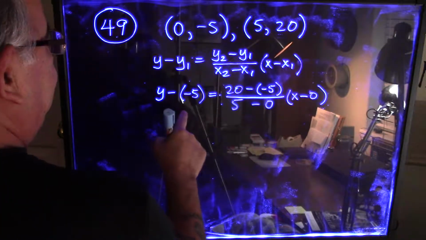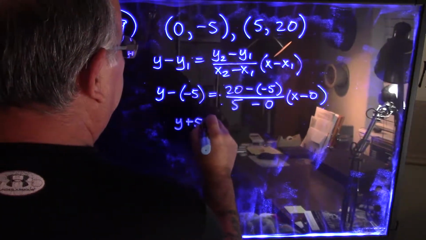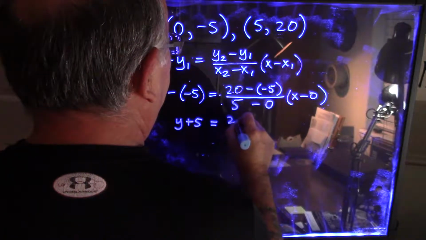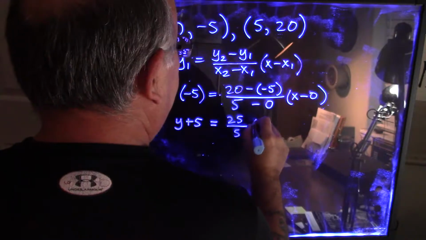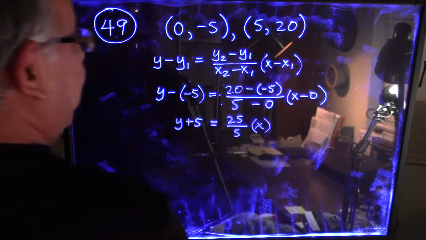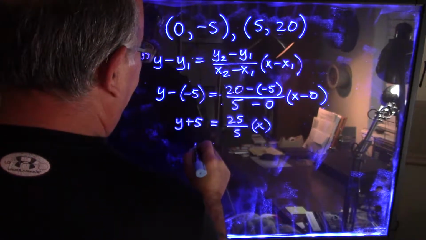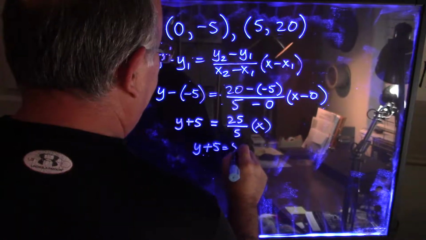So y minus -5 is y plus 5. And that becomes 20 plus 5, which is 25, over 5 minus 0, which is 5. And then we have just x there. So 25 over 5, of course, is 5. So we've got y plus 5 equals 5x.